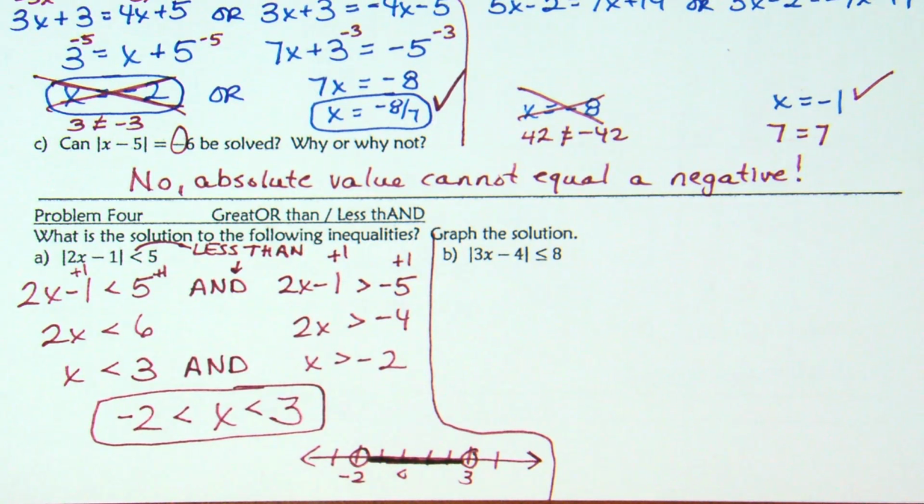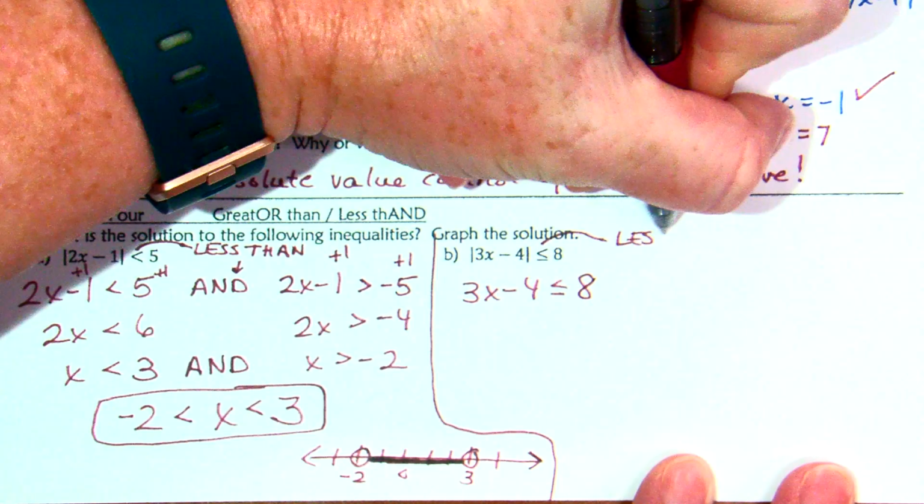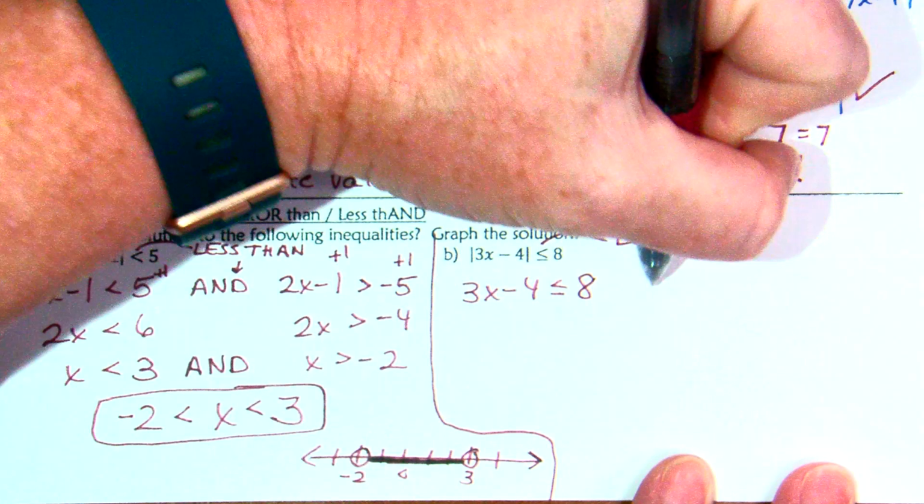The given. Drop off the absolute value. 3x minus 4 less than or equal to 8. I need a word. What's my word? What kind of sign was this? Less than. And what kind of word does less than use? And.